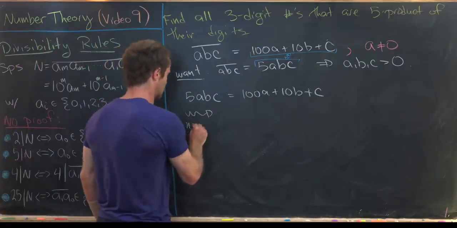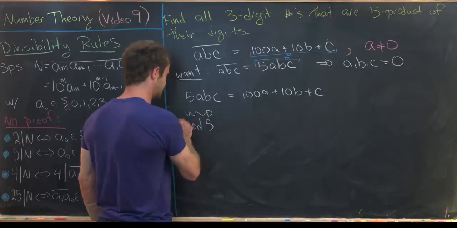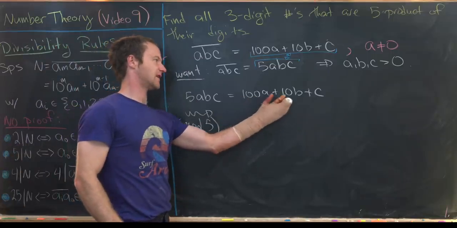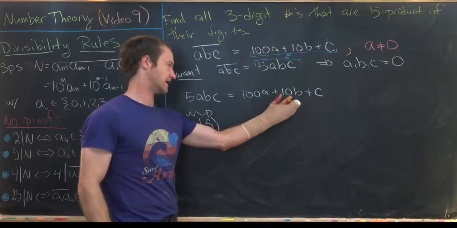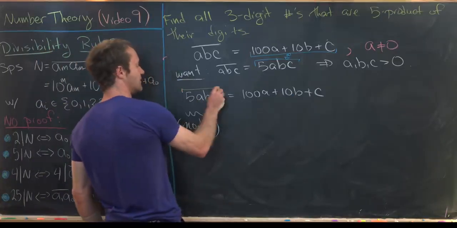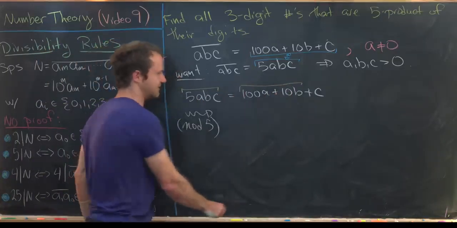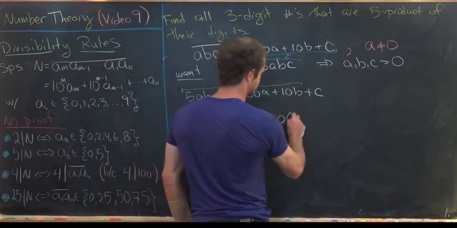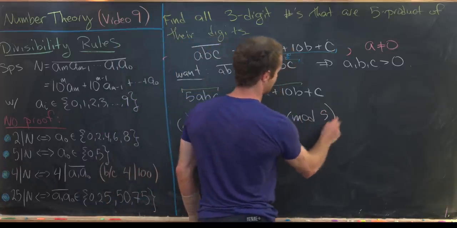So reducing mod 5, we see that this becomes 0 mod 5, this becomes 0 mod 5, and this becomes 0 mod 5, because all of these are multiples of 5. So that tells us that C is congruent to 0 mod 5.